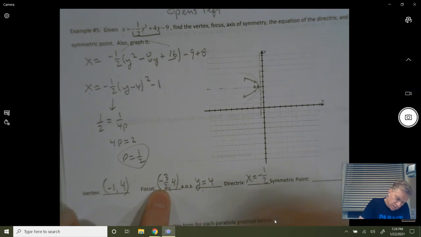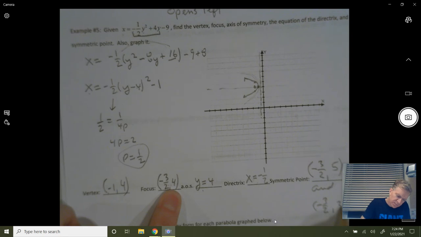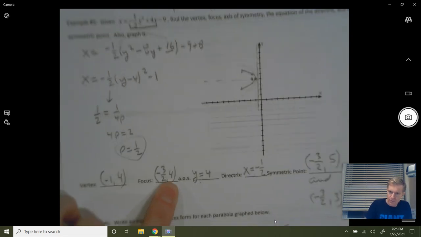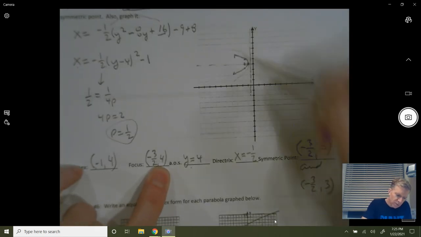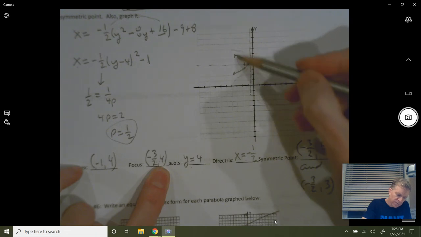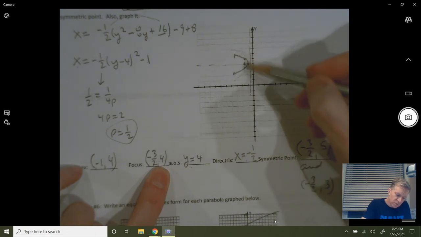I go 1 up, so that's negative 3/2, comma 5, and negative 3/2, comma 3. I go 1 down. Again, it doesn't have to be those 2 points, but any 2 points that are mirror images of each other. It's easiest to find the 2 endpoints of your focal diameter.